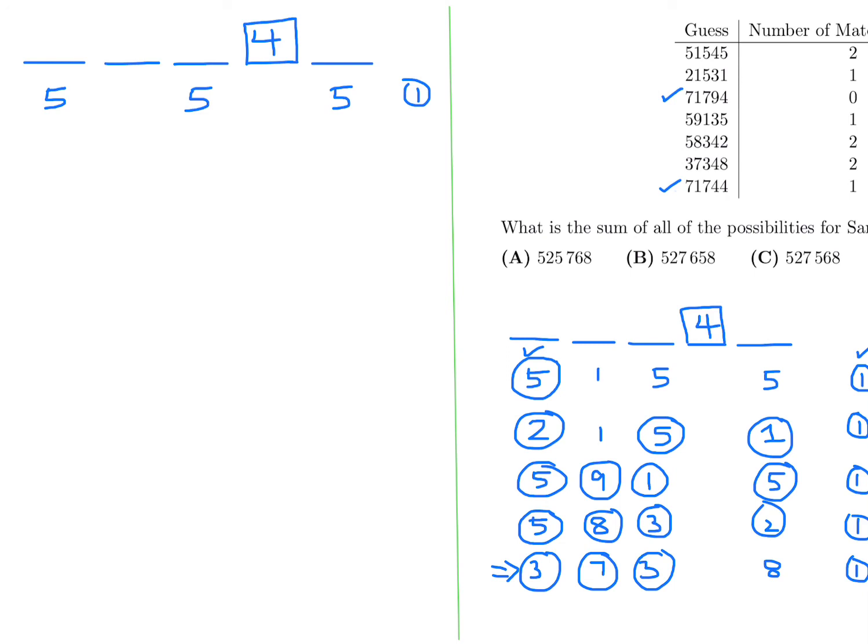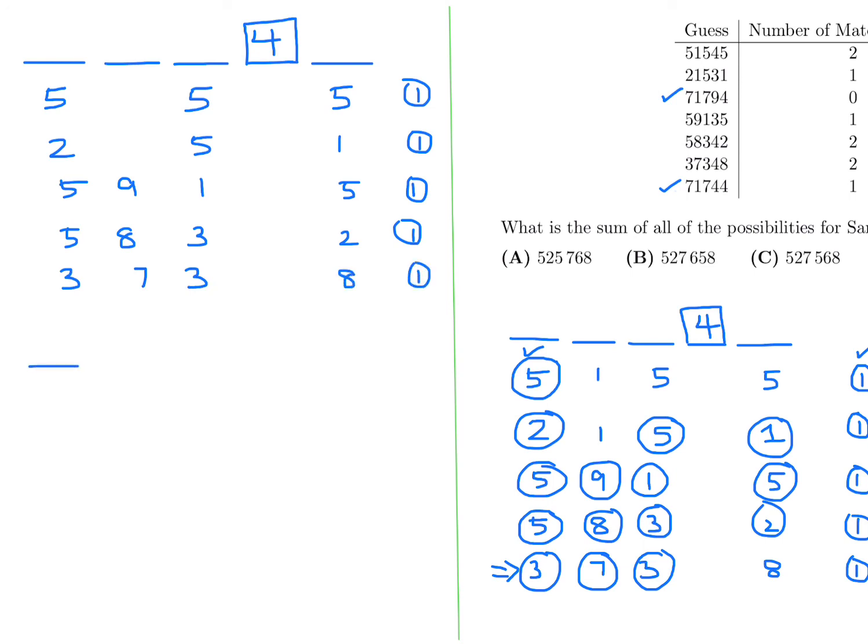Then from the next one, very similar to what I did over there, 2, 5, and 1, only one of those is correct. Then 5, 9, 1, 5, only one of those is correct. And then 5, 8, 3, 2, one of those is correct. And finally, 3, 7, 3, and 8, only one of those is correct.